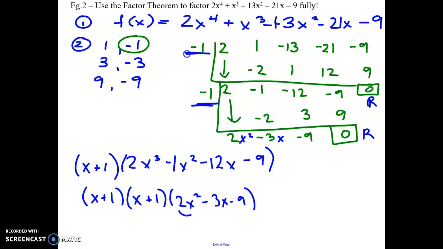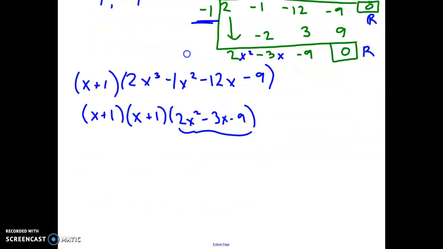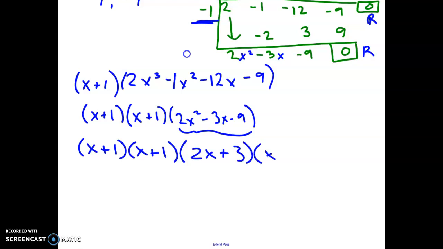And then we can factor this last part just as normal by using regular decomposition. So when I use decomp, we should get the 2 factors of 2x plus 3 and x minus 3. So your new factored equation now has 4 factors in it because it was a quartic function, so a power of 4 to begin with.